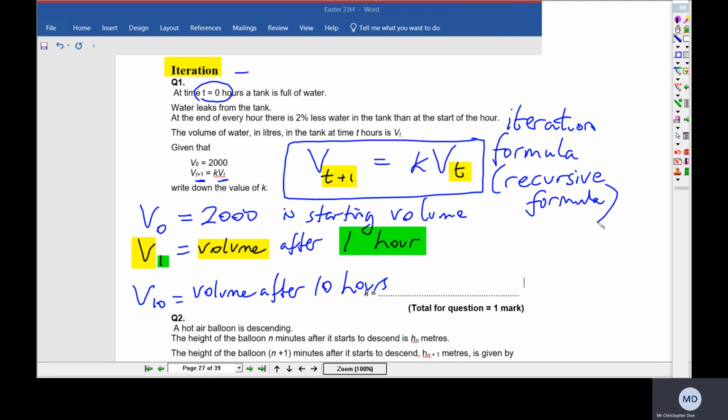If it's doubling, what would my multiplier be? If I'm going from 1 to 2 to 4 to 8 to 16 each time? Yeah, my multiplier would be 2, and I'd be doubling it. It's unlikely for filling something up that you double it, but it's possible. It depends on the shape of the container and how many taps you go into.